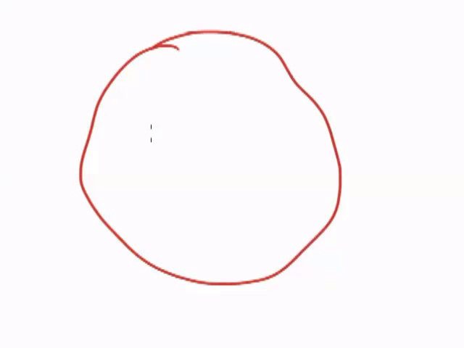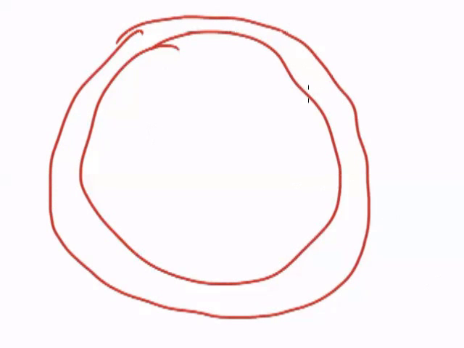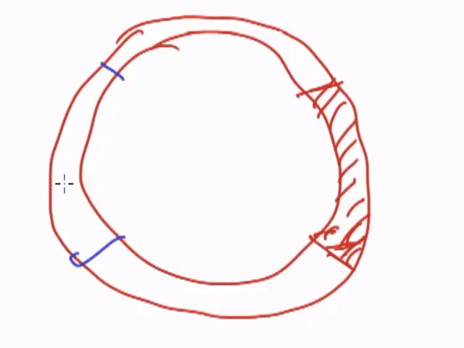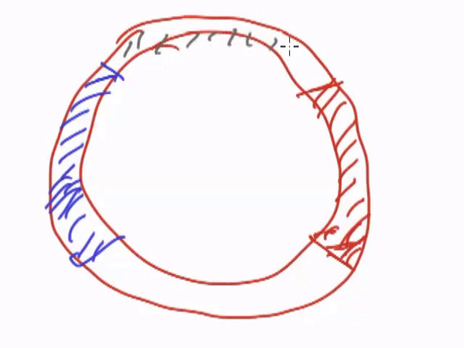So let's say I'll draw a circle, and how about another circle around that. Imagine that over here we've got our hot reservoir, and over here we've got our cold reservoir, and then these two areas are going to be perfectly insulated.